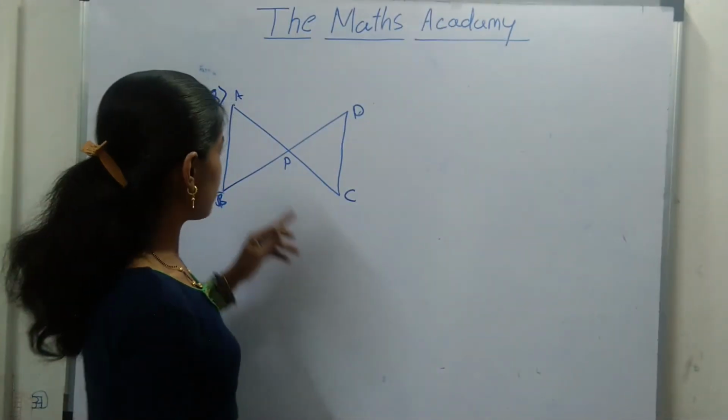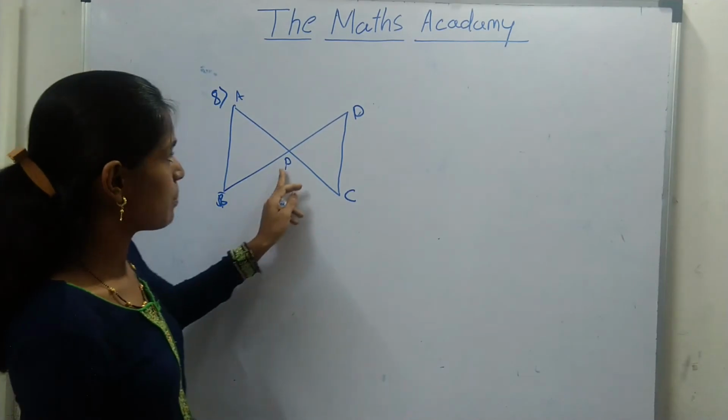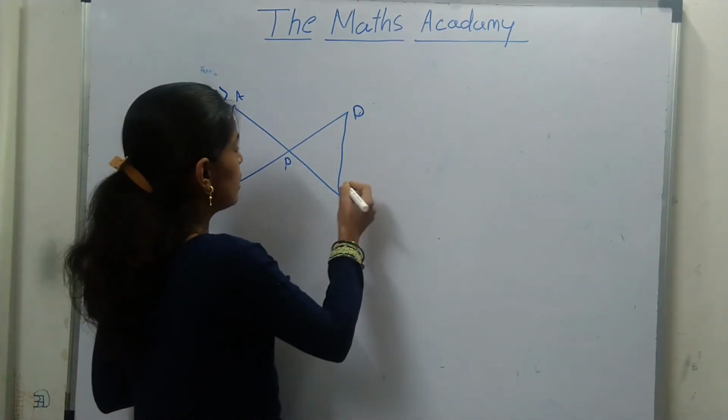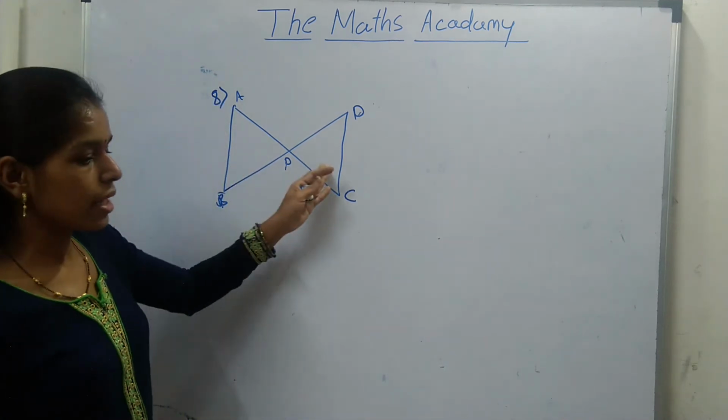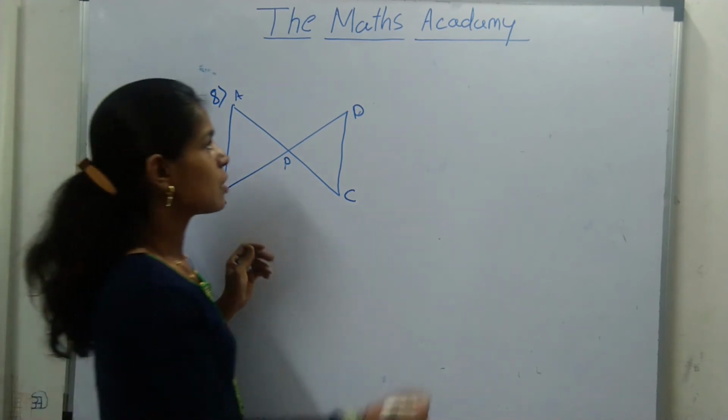And you have given that the ratio AP upon CP is equal to BP upon DP. Okay, and you have to prove that the two triangles are similar to each other. This you have to show.